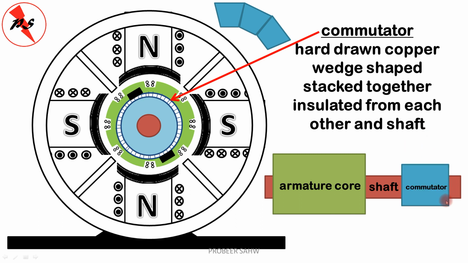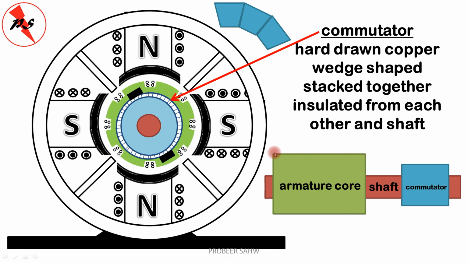The commutator also has a large diameter. It is larger than the shaft but smaller than the armature core. Okay, the axial length is also smaller than the armature core. So we have a shaft, a long cylindrical structure around which an armature core is put. The armature core has short length but large diameter.